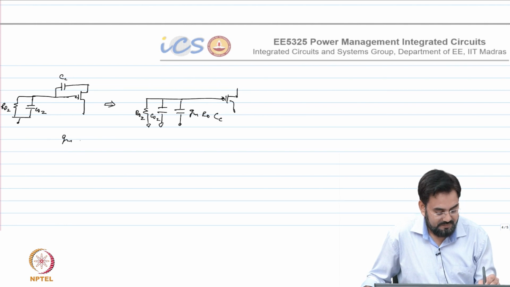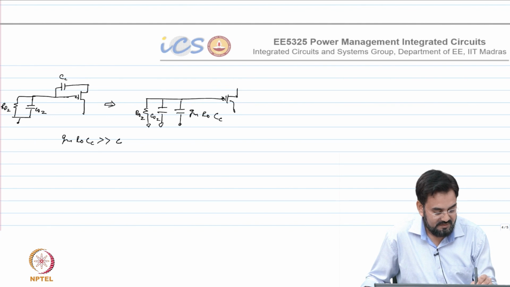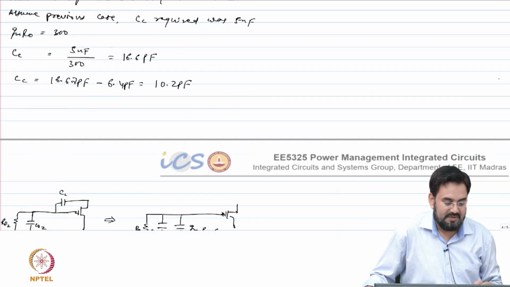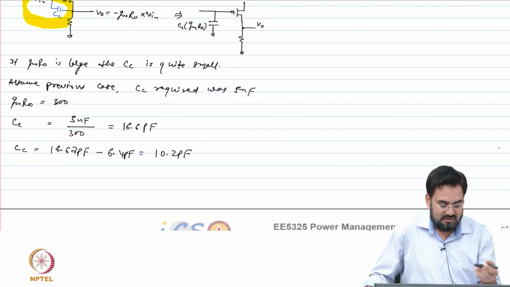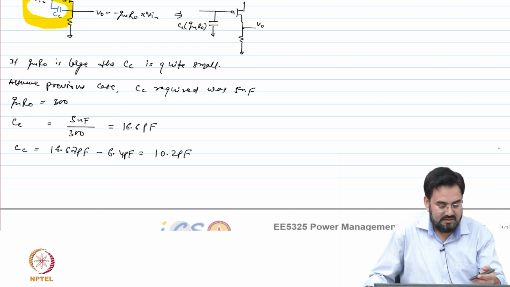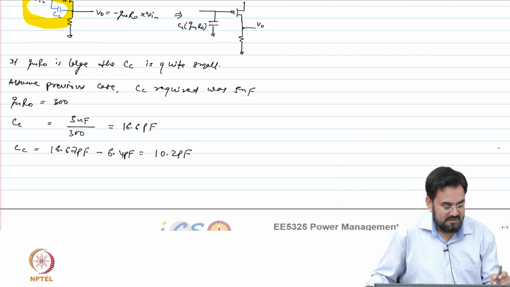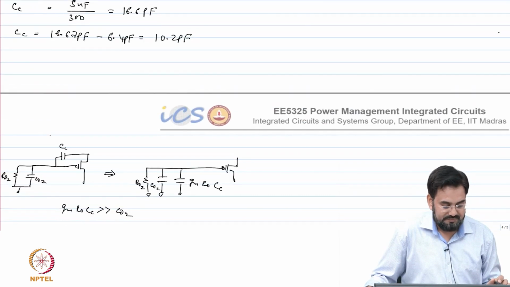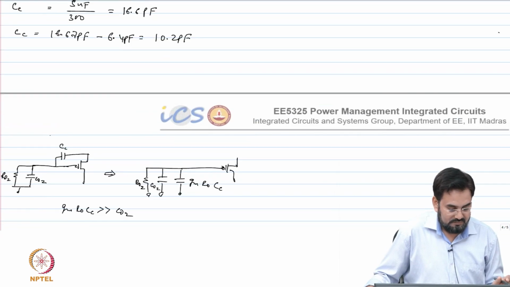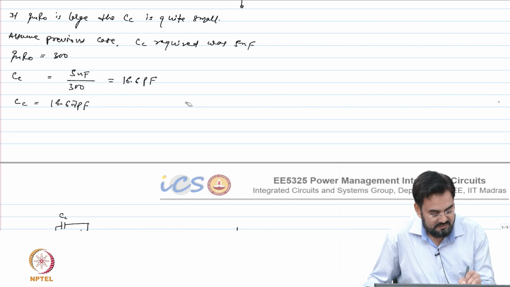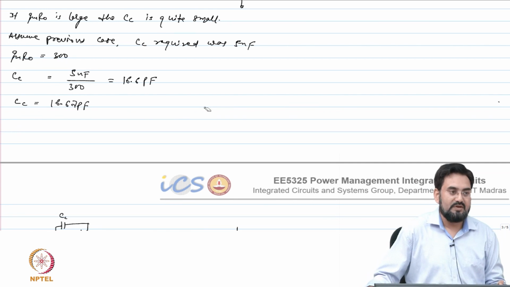So GM R out CC is much larger than CO2, because now it's multiplied by, and you know that this order of picofarad, and so multiplied by the gain, so it will look much larger than your 6.4 picofarad cap. So it should be CC only, not CC plus CO2. So your CC will remain this. Okay.